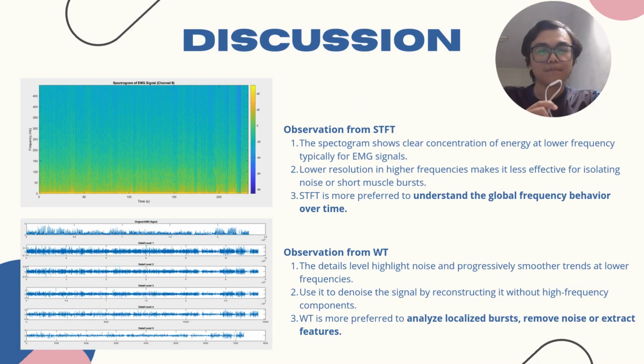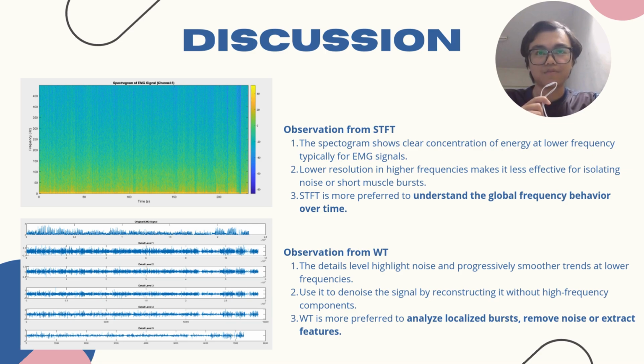As for the discussion, the observation from the short time Fourier transform, the spectrogram here shows two colors, which are yellow for high amplitude and blue for low amplitude.